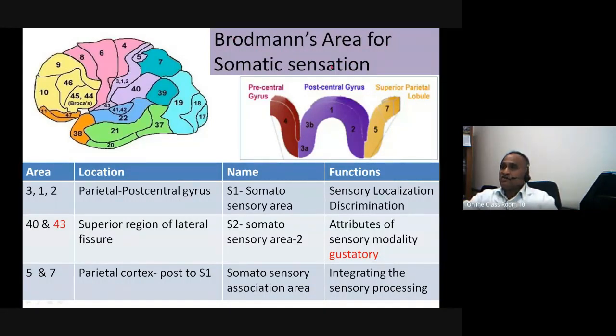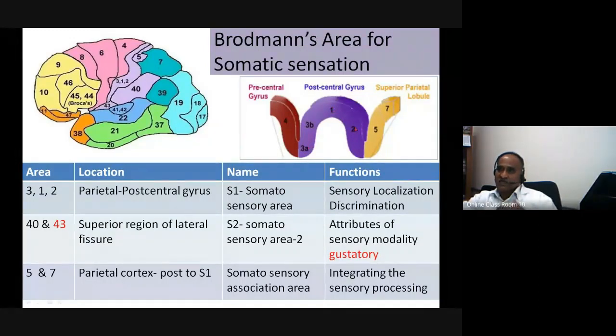For somatic sensation, we have areas 3, 1, 2. I have written here the area, the location, the name, and the functions. I was struggling to explain how 3, 1, 2 comes about: 1 is here on the top, 3 is at the bottom of the central sulcus on the anterior side, and 2 is on the posterior side.